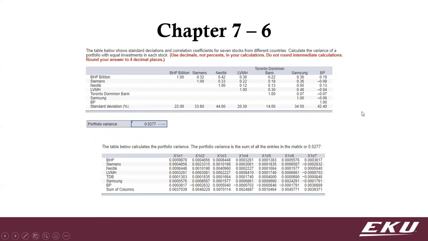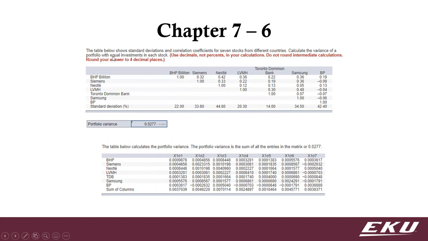In fact, negative can be pretty cool. So given these relationships, right? And we know the standard deviations, correlation coefficients. I'm sorry, let's make sure I tell you the right thing.